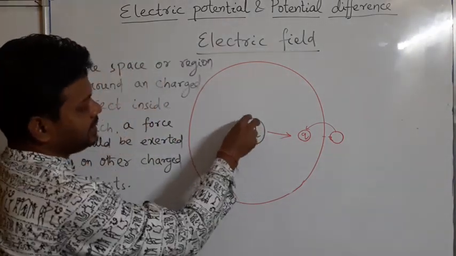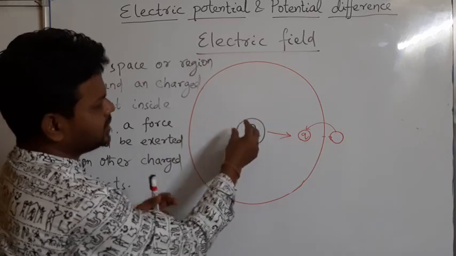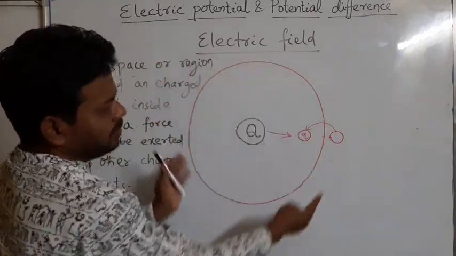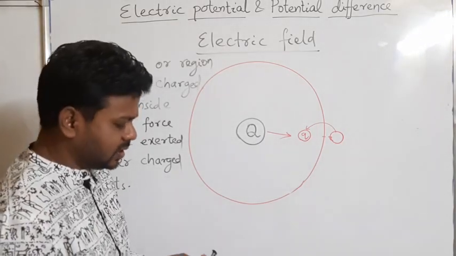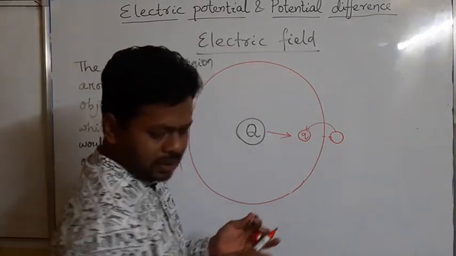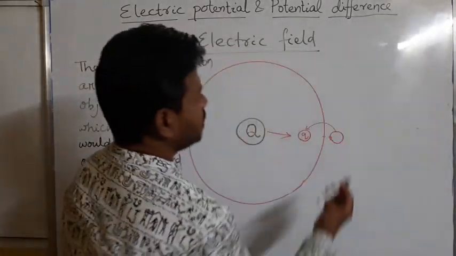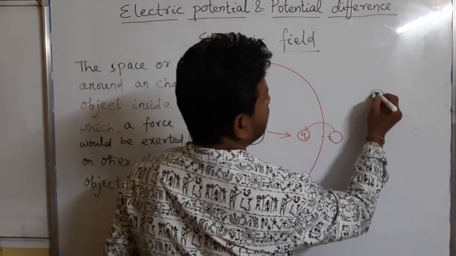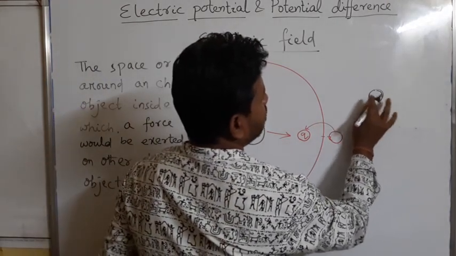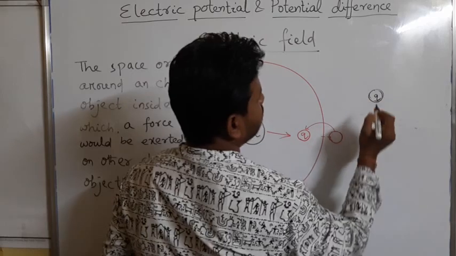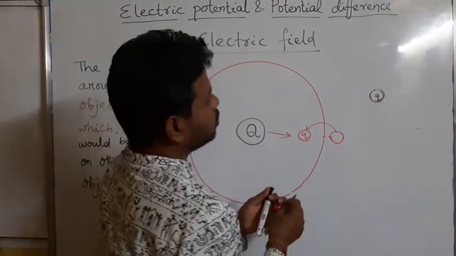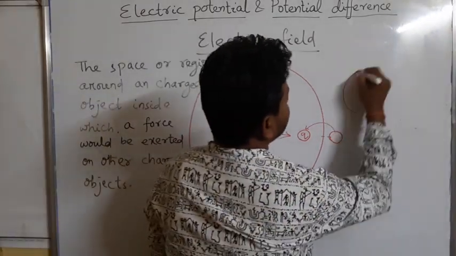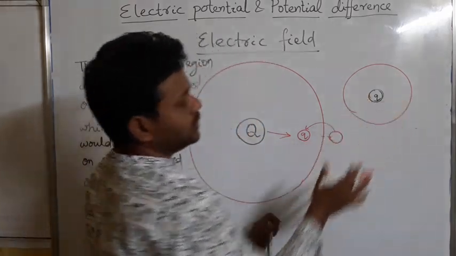So if it is a larger amount of charge, it will have a larger electric field. If the amount of electric charge is small, then it would have a smaller electric field.